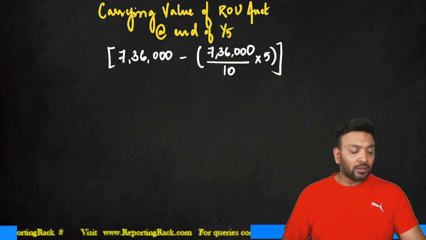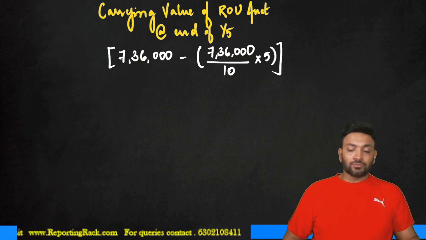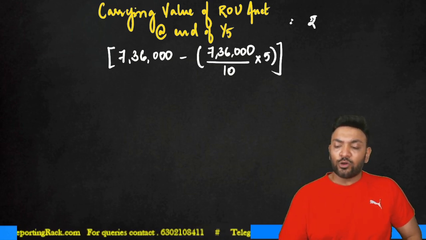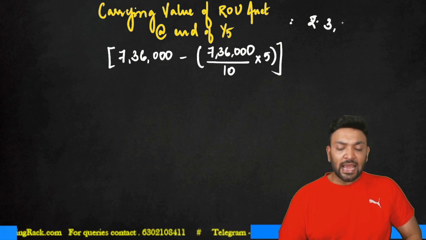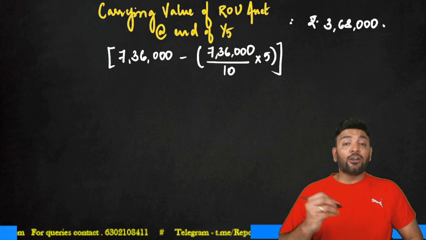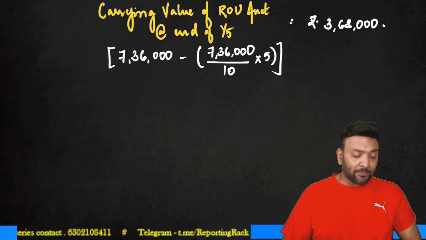Calculate. So the carrying value of the ROU asset is equal to 3,68,000 at the end of 5th year. That is when the modification happened.